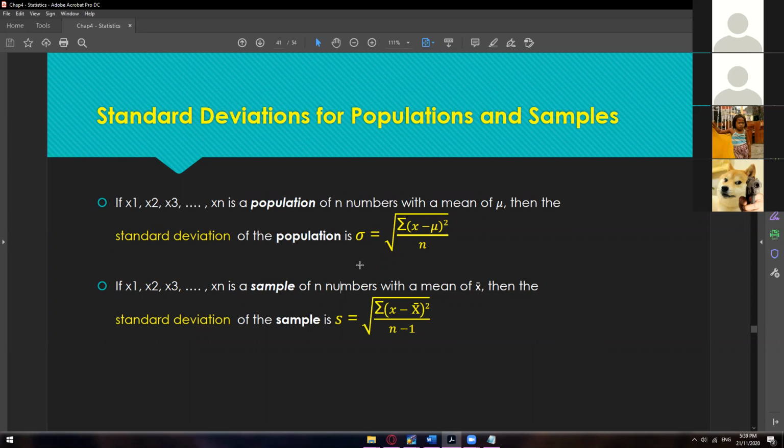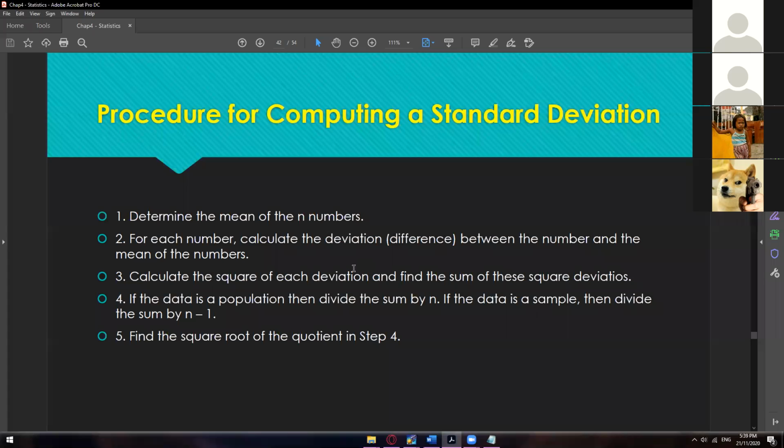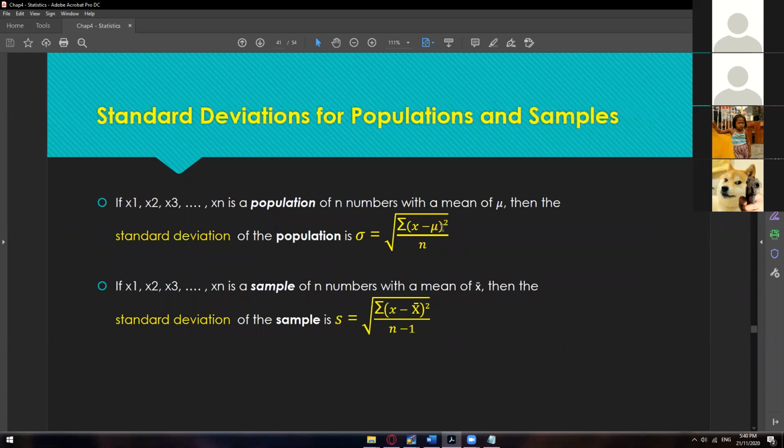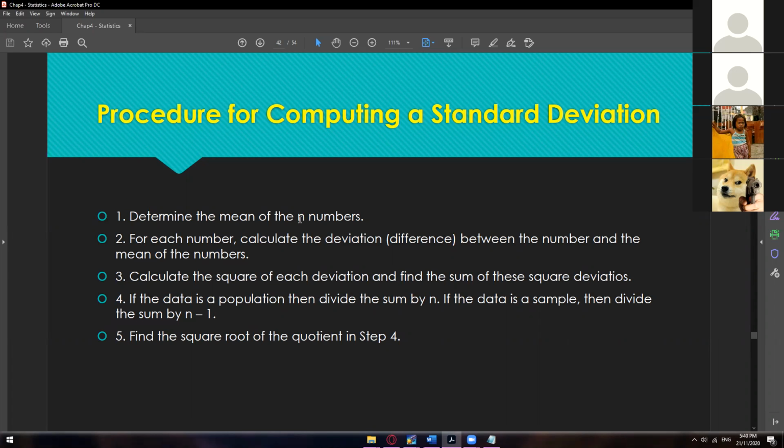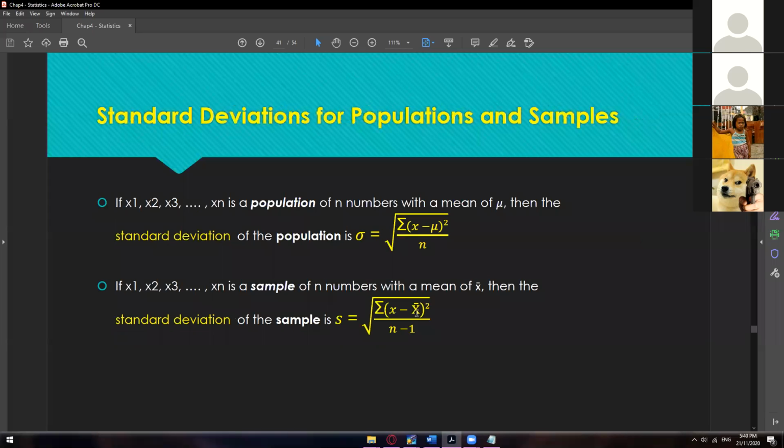So let's go through the procedure for computing standard deviation. We actually have 5 steps. The first is determining the mean of the n numbers. If it's a population, the symbol for the mean is mu; if it's a sample, the symbol is x bar.